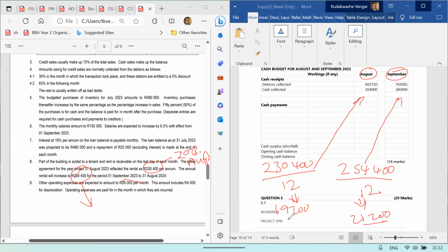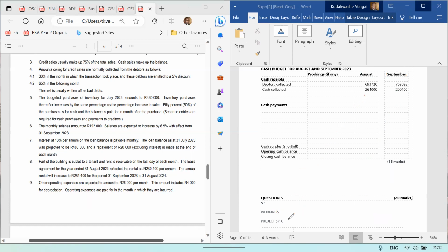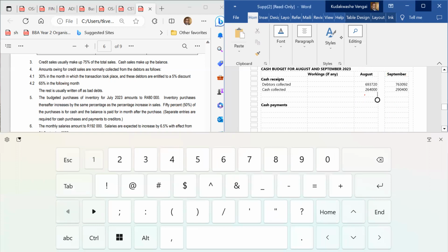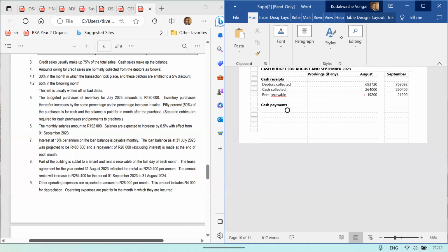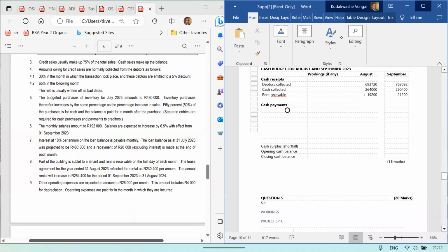So those are our answers there, right? 19,200 and 21,200. So this is rent receivable. Okay. So those are our cash. I don't think there's any other cash receipts, right?